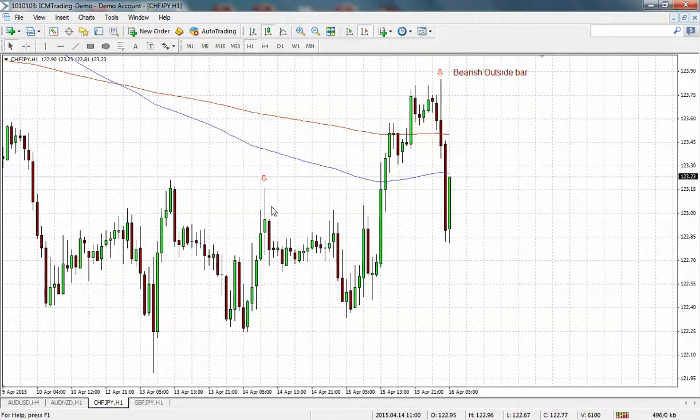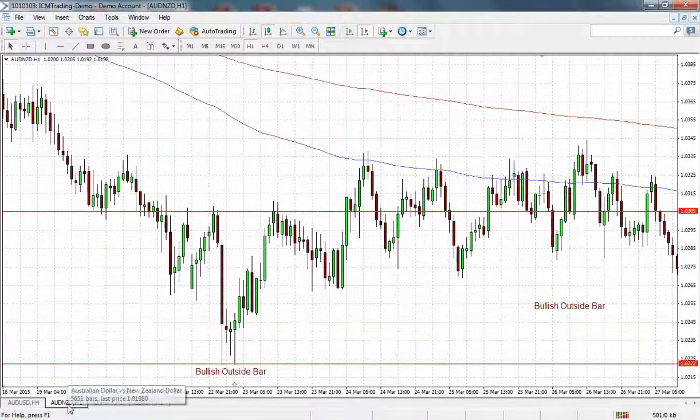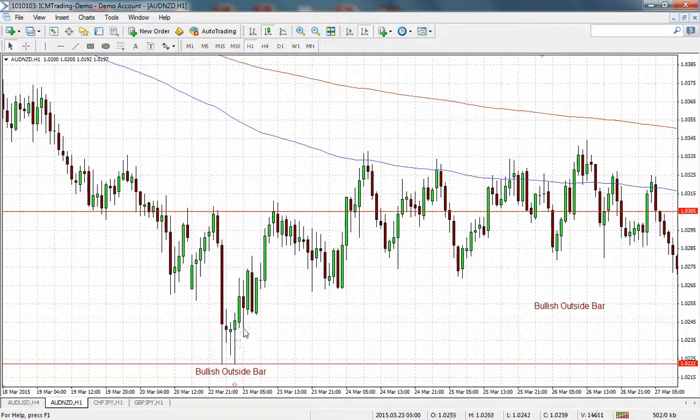That's the best place to look for them. And the bullish outside bars, like this one, always look for them at the lows of a previous downtrend.